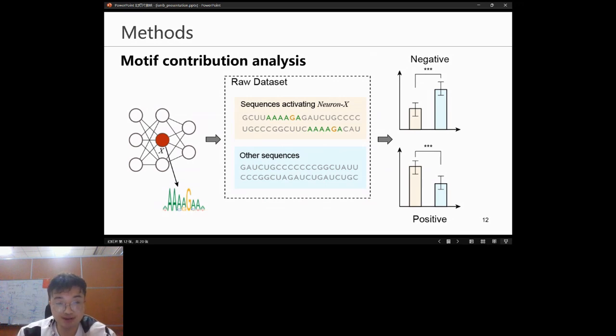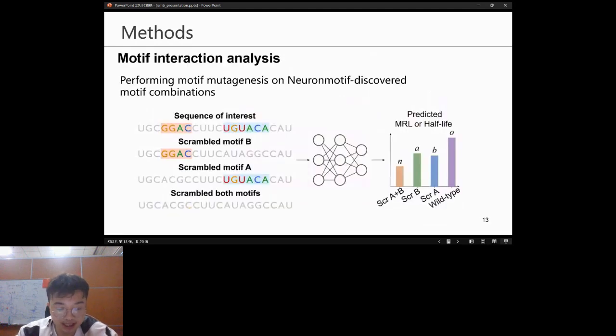Neural motif has efficiently screened the most potential motif combinations for us. Then we utilized a combinatorial in silico motif mutagenesis approach to assess epistatic interactions between pairs of candidate motif instances. Here, we denote them as motif A and motif B. Motif A is GGAC and motif B is UGUSA.